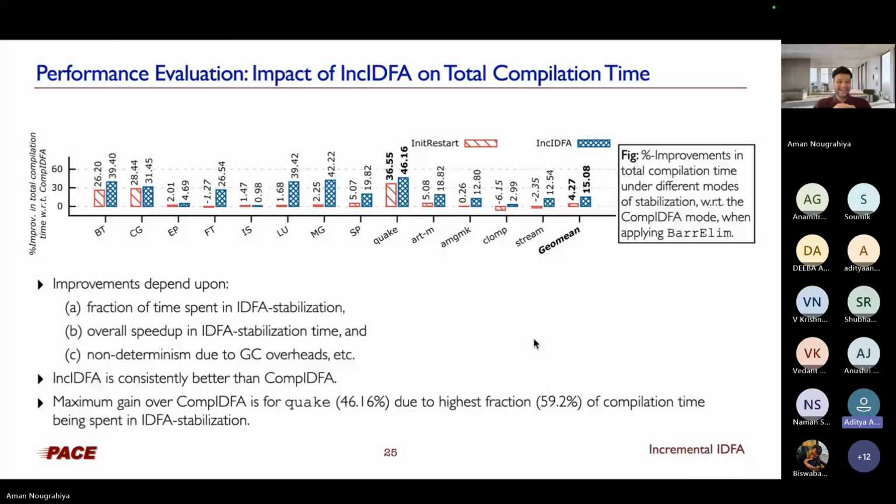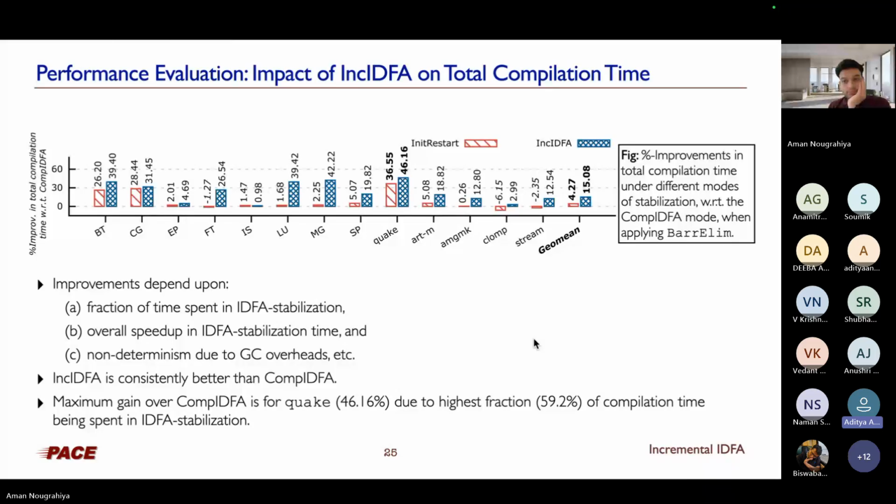I had a question regarding the evaluation side. If you look at the evaluation, we are processing fewer nodes here, so the compilation time would decrease, and the improvements would be larger compared to a comp IDFA approach. My question was, did you also evaluate, or is there anything in the paper about a measurement of soundness compared to comp IDFA?